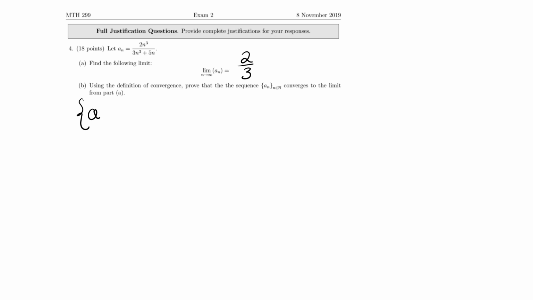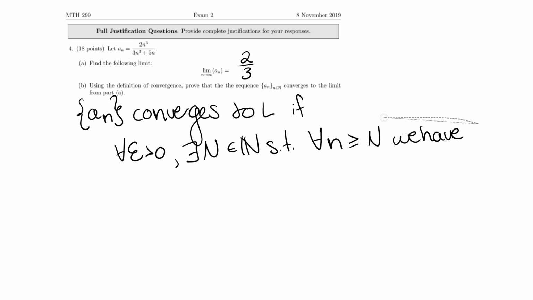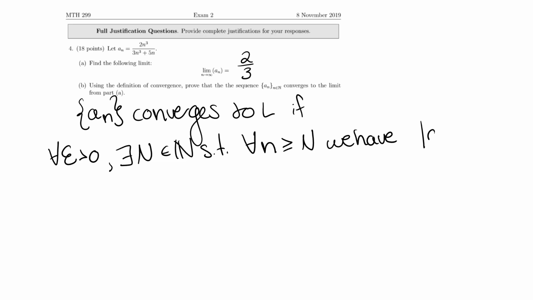Some sequence a sub n converges to L if, for all epsilon greater than 0, there exists some capital N in the naturals, such that for all natural numbers little n bigger than or equal to capital N, we have the absolute value of a sub n minus L is less than epsilon.